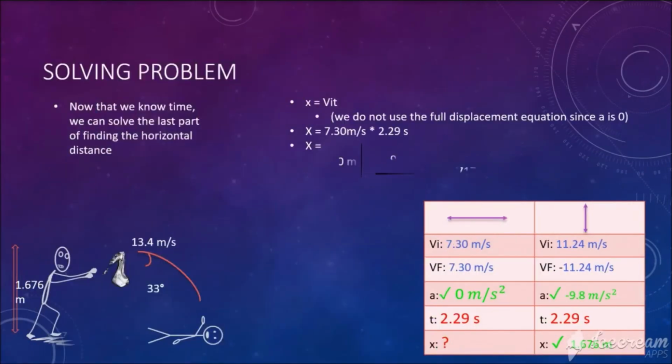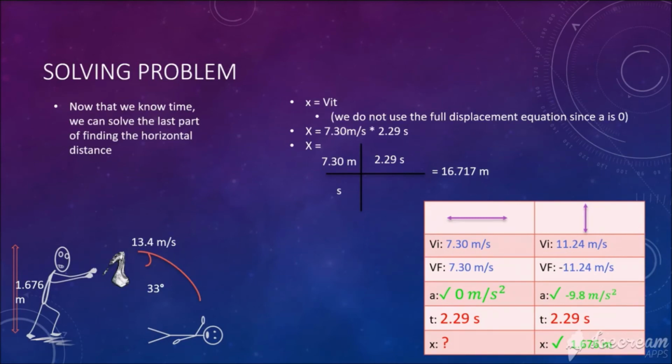Now that we know the time, we can solve the last part, finding the horizontal distance. To find the horizontal distance, I used the displacement equation. But notice we don't use the full equation. We only use the first part, which is initial velocity times t. We don't use the second half, which is the acceleration part, because acceleration is 0, so it just cancels out anyway.